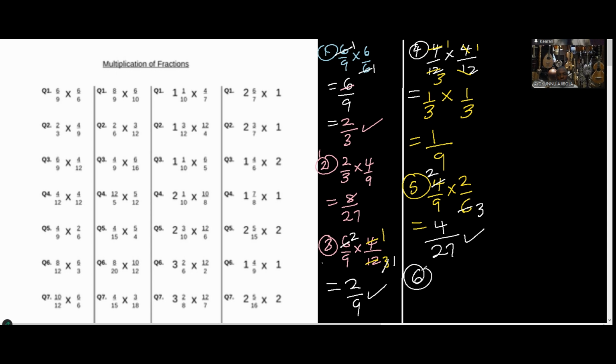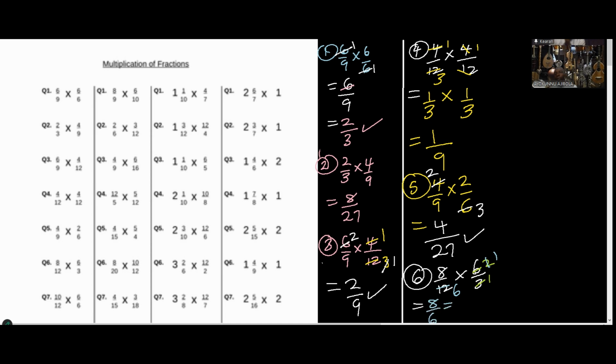Then number 6, I have 8 over 12 times 6 over 3. 6 over 3 is not a fraction because 6 over 3 is 2. Is that clear? So what I will just do is this 3 here 1, 3 here 2. Then I can cut the 2 also. 2 here 1, 2 here 6. So finally, I have 8 over 6, okay?